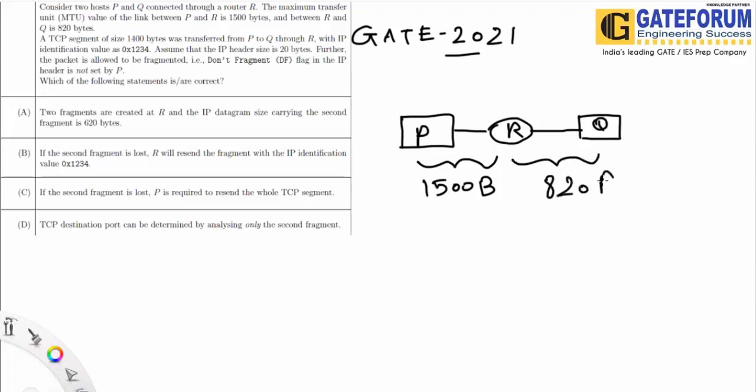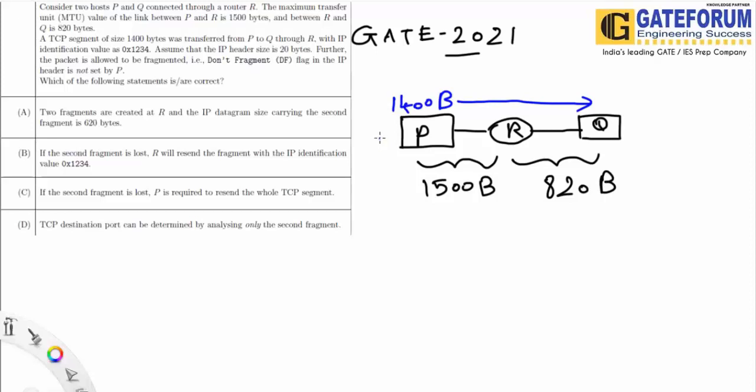The TCP segment of size 400 bytes was transferred from P to Q through R. So I have a particular TCP segment of size 400 bytes transferred from P to Q via R with IP identification as 0x1234. So you can say that the identification number of this particular segment is 0x1234.